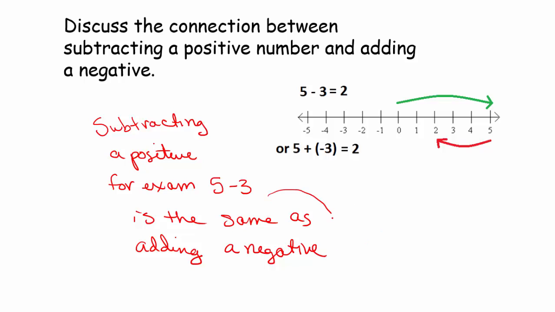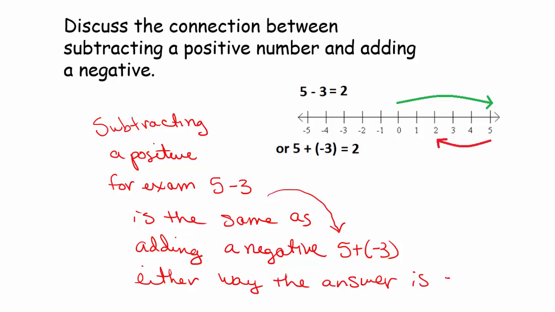That's the same as 5 plus a negative 3. Either way, the answer is positive 2. 5 minus 3 is 2.